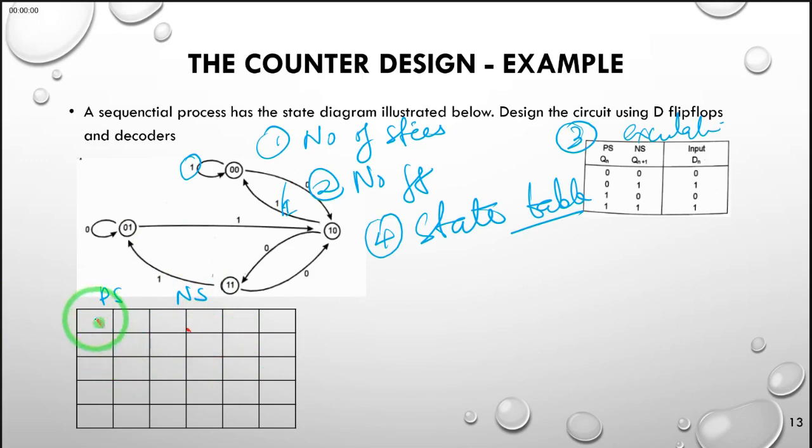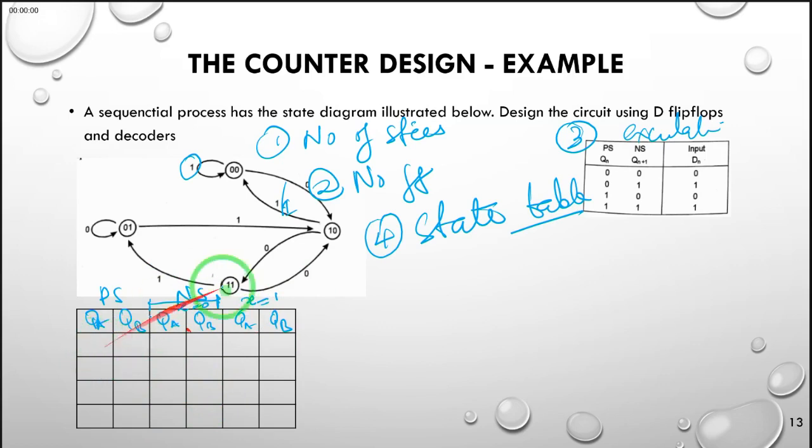We can say that our present state is represented by two flip-flops, QA and QB, and the next state will similarly be that. For the first two columns, we consider when X is 0, and for the next two columns, we consider when the external input X is 1. These are still QA, QB, QA, and QB, but they represent the next state.